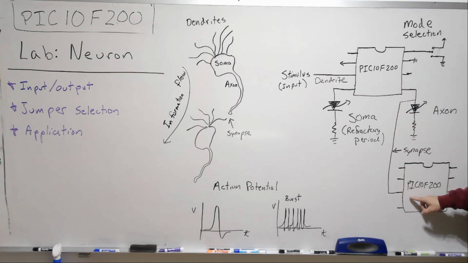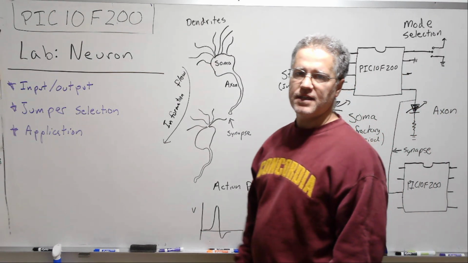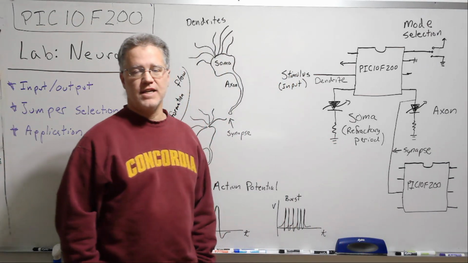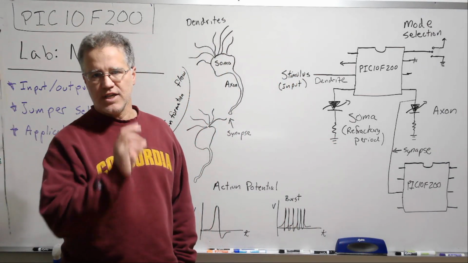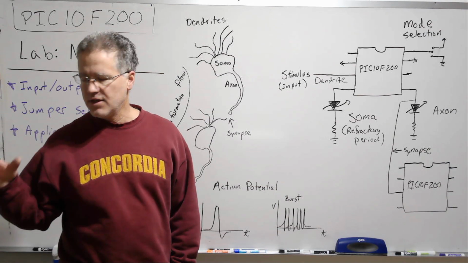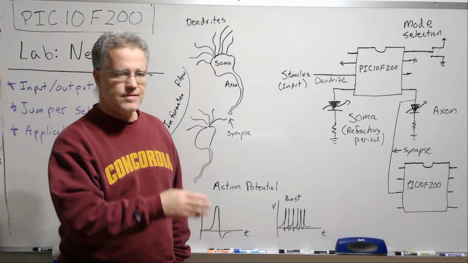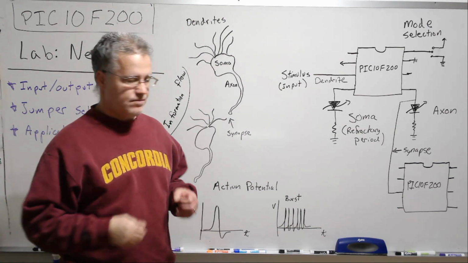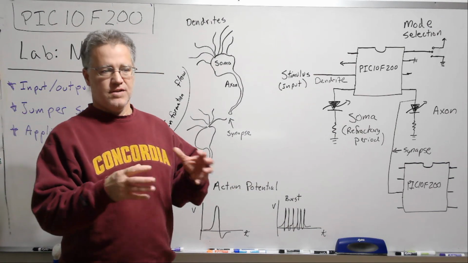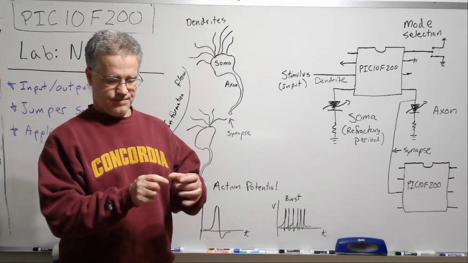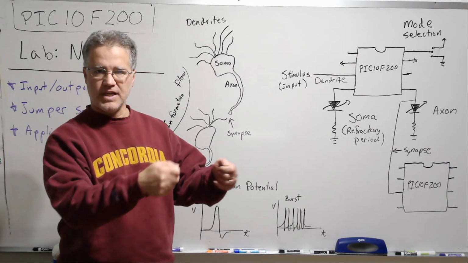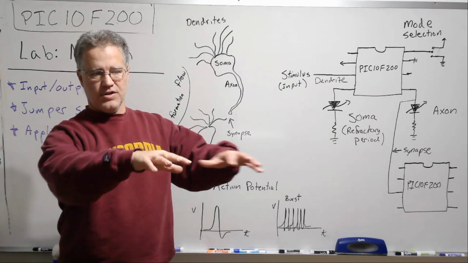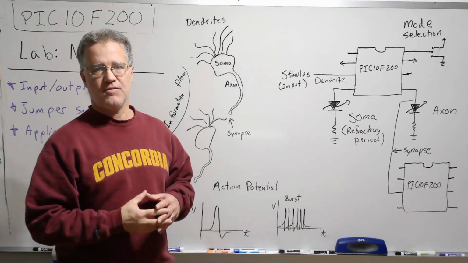And we'll send this into GP2 of the next PIC. And then that will start that process all over again. And we'll just show a string of 3, I guess, action potentials. But you can imagine that we could make a whole bunch of these, maybe even 3D print some containers for them and put them together like Legos to represent a neural network.